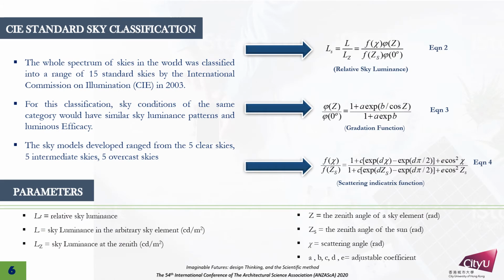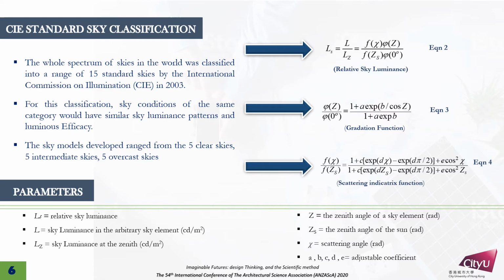For the CIE standard sky classification, the whole spectrum of skies in the world was classified into a range of 15 standard skies by the International Commission on Illumination in 2003. For this classification, sky conditions of the same category will have similar sky luminance pattern and luminous efficacy. Equation 2 to equation 4 show the functions involved in the development of the sky models.